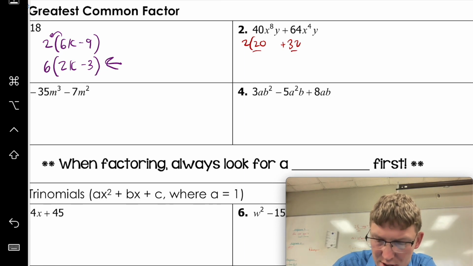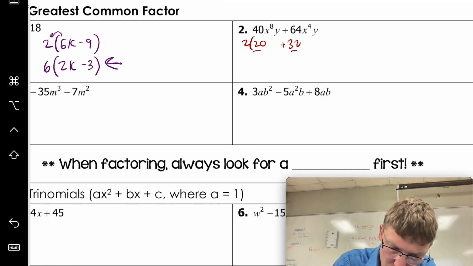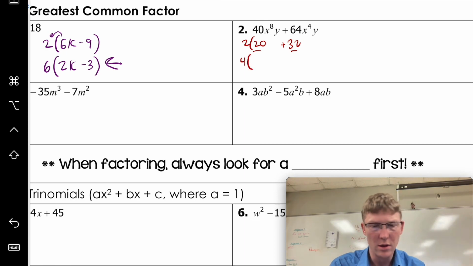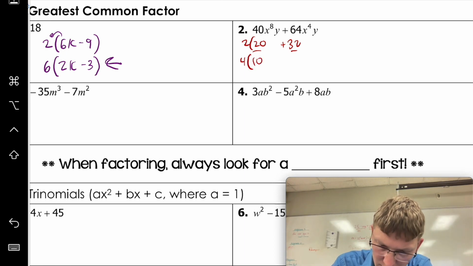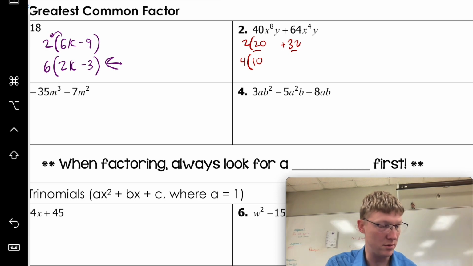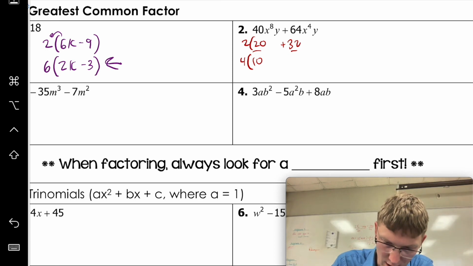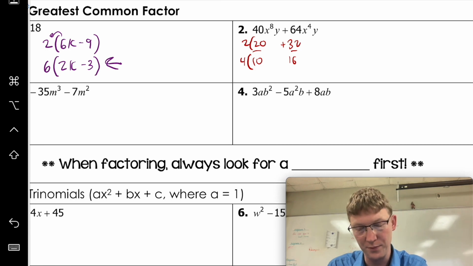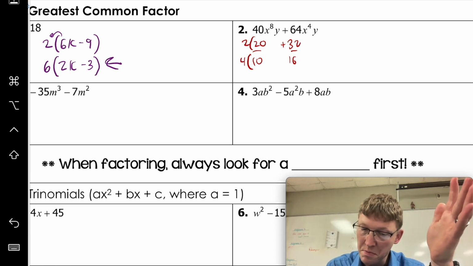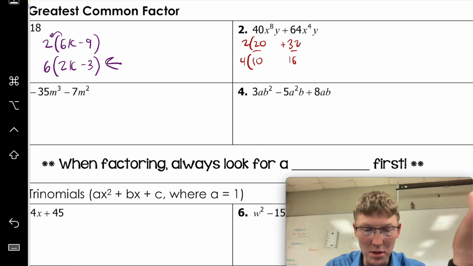20 and 32 is still divisible by another 2. So then we're going to take another 2. So now we've got 10, 16. Yeah, I knew that. Okay, 10 and 16 are still even, so I can pull another 2 out.